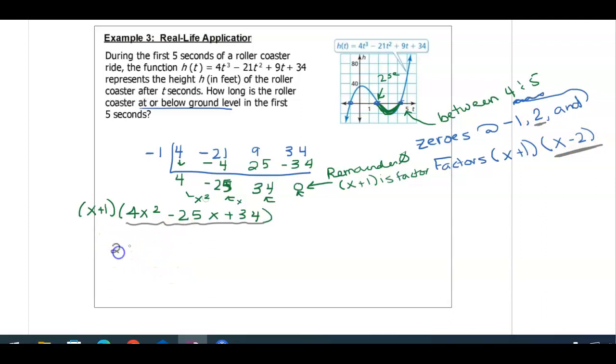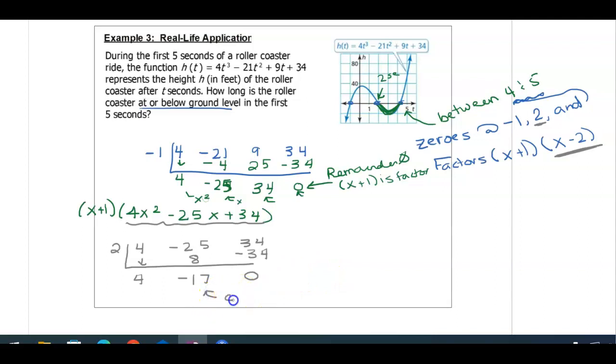Using 2 this time, we get 4, -25, and 34. Our 4 goes down. 2 times 4 is 8. That's -17. 2 times -17 is -34. Just like we want, we get a remainder of 0.